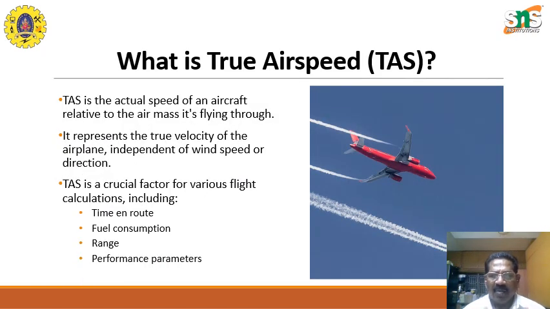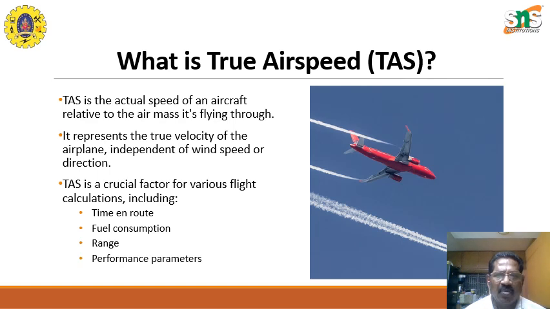What is true airspeed or TAS? In the previous video, I did not expand the TAS, but I wanted to keep it for this video. TAS stands for true airspeed. True airspeed is the actual speed of an aircraft relative to the air mass it is flying through.